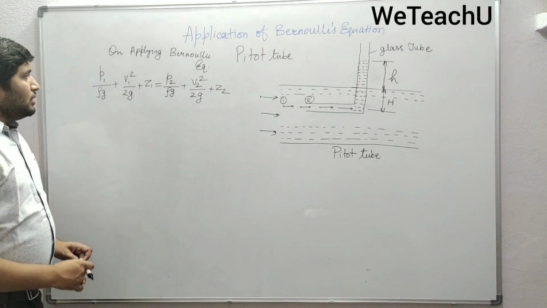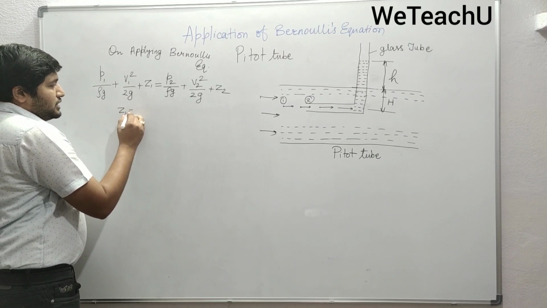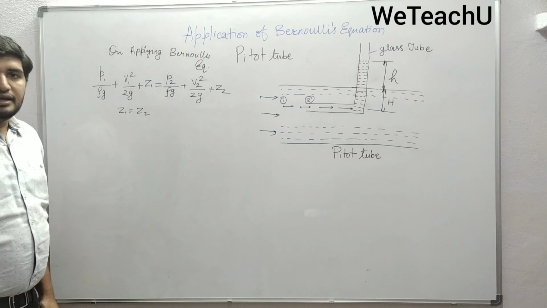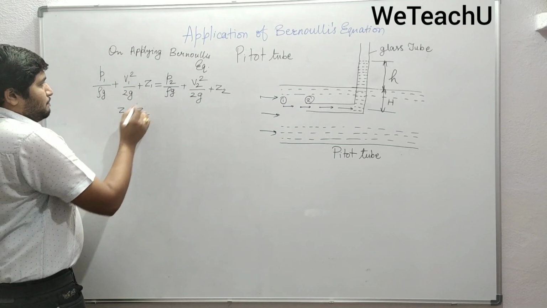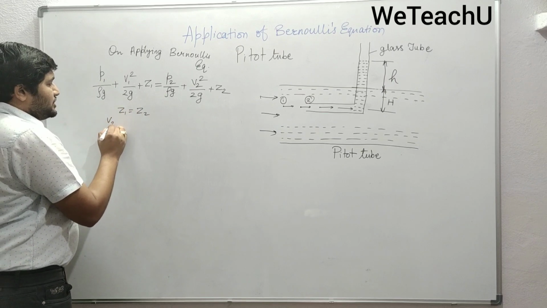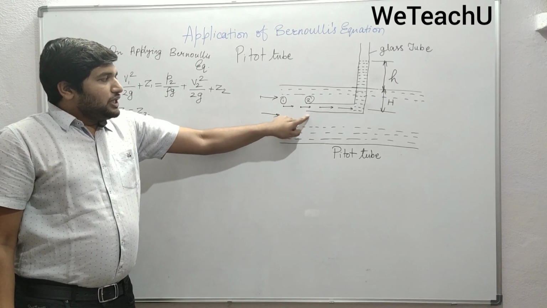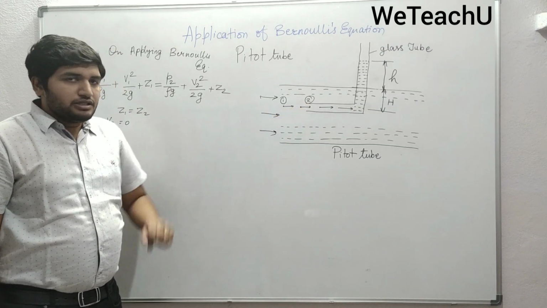Okay, now we know that Z1 is equal to Z2 because both the points are on the same line from the datum line or from the reference line. Here V2 is equal to 0 because at point 2 velocity becomes 0.